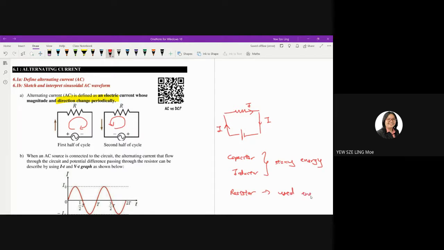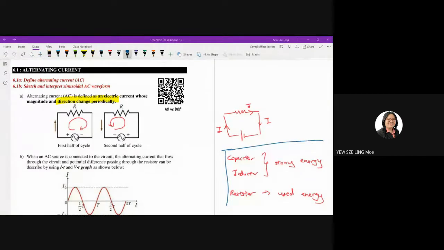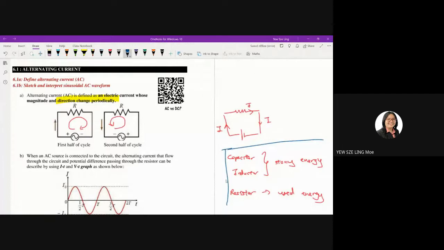So in this chapter, we're going to look at what happens when we connect these three components in an AC circuit. First thing you have to know, of course, is the directions of current flow. The second thing is the graph of the current flow through a capacitor, inductor, resistor, and also what happens when we combine them together.